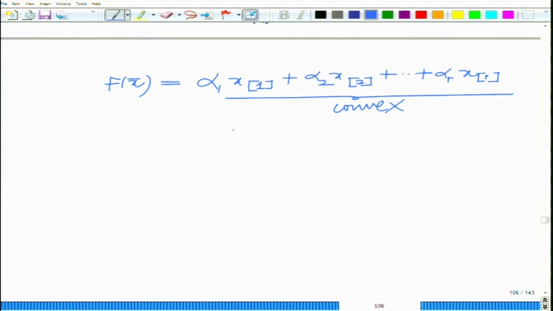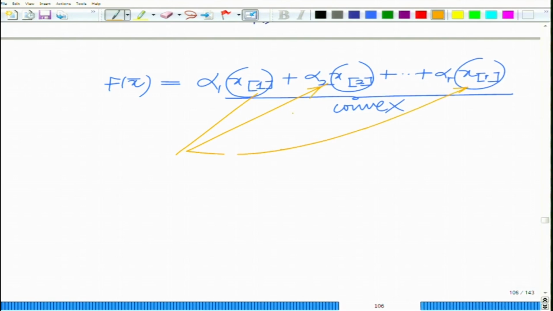Now, this is an interesting function. First, you can see what you are doing is you are taking the r largest. This is a very interesting and complicated function. So, you are taking the r largest plus you are taking the linear combination.